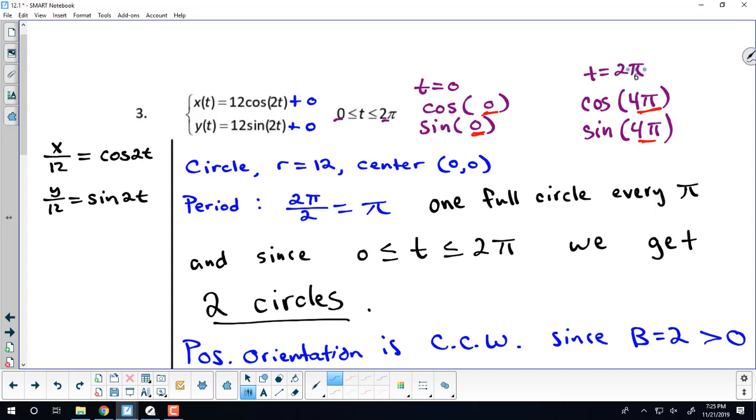And then once we have those isolated, we'll just square both sides. So you have x squared over 144 plus y squared over 144, this side squared gives us cosine squared 2t plus sine squared 2t, and we know that's equal to 1. So then we multiply both sides through by 144, and we have x squared plus y squared equals 144.